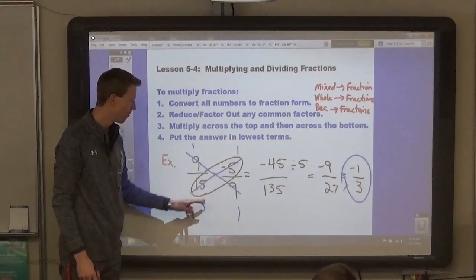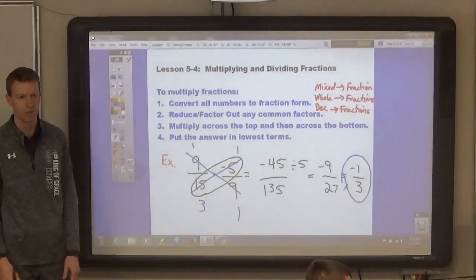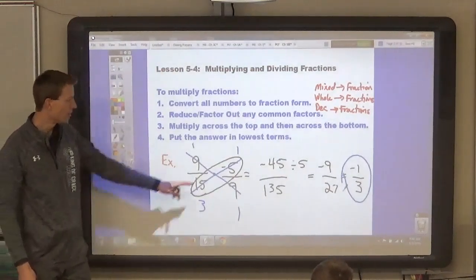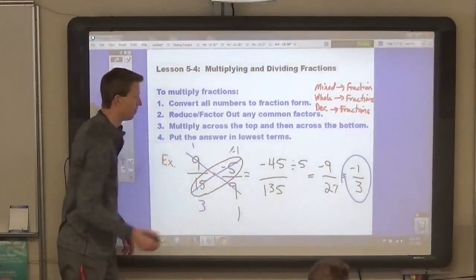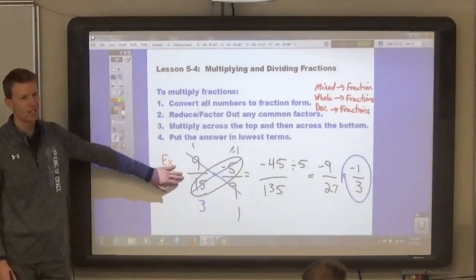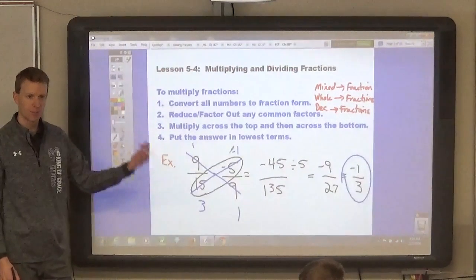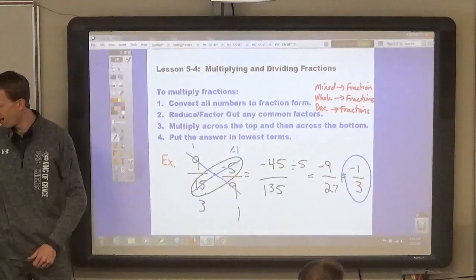Negative 5 over 15 is -1/3. And we can multiply it that way. Negative 1 over 3. Okay? So this is a lot easier, to pull out the common factors.